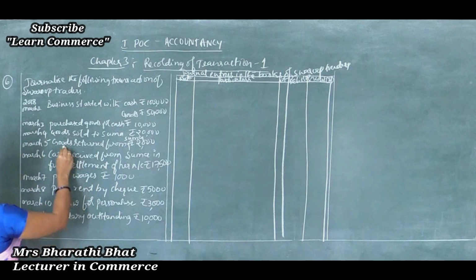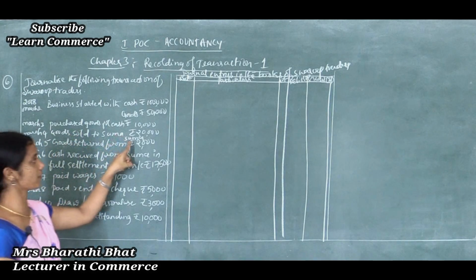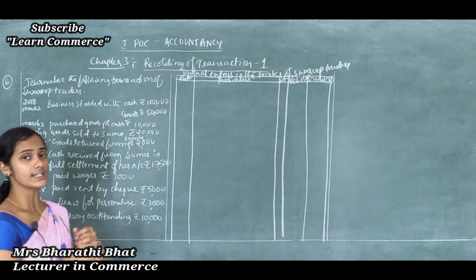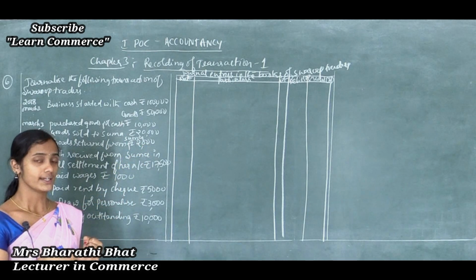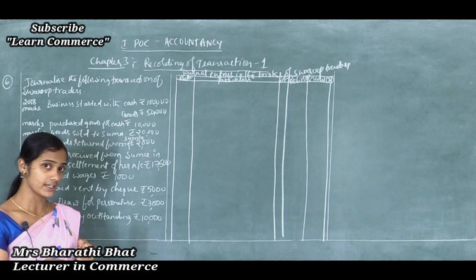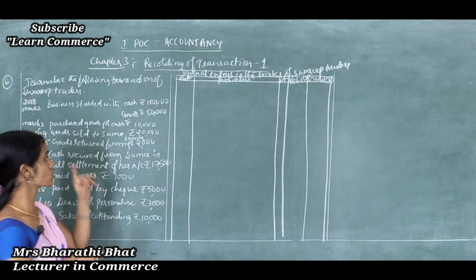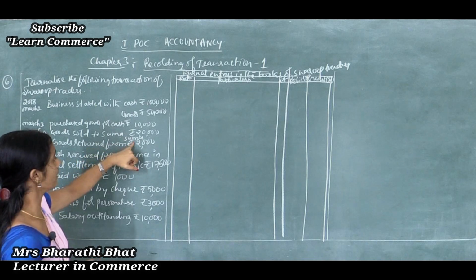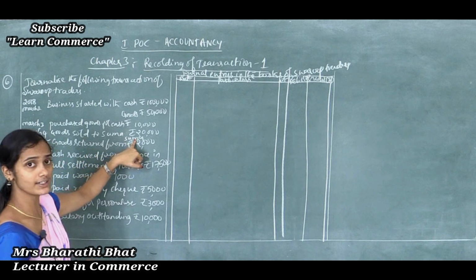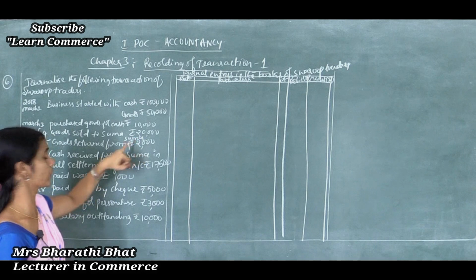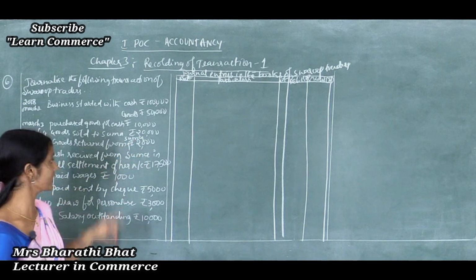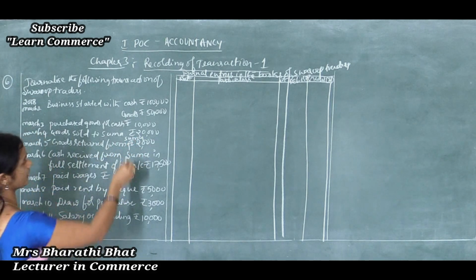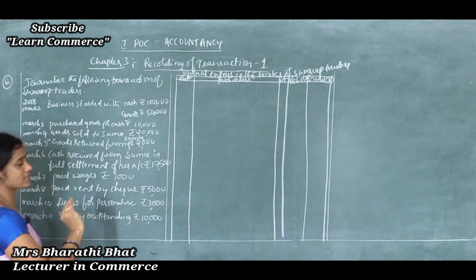So goods returned from Suma rupees 2,000: decrease in revenue is to be debited, sales return. And again Suma means debtor, decrease in asset is to be credited. So we have to pass the entry accordingly.